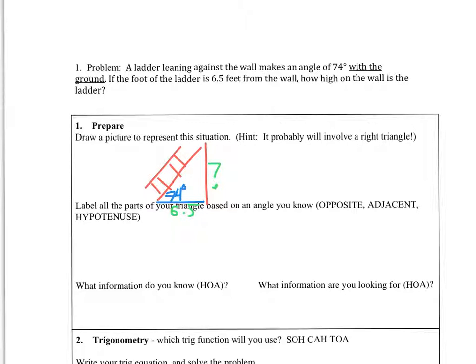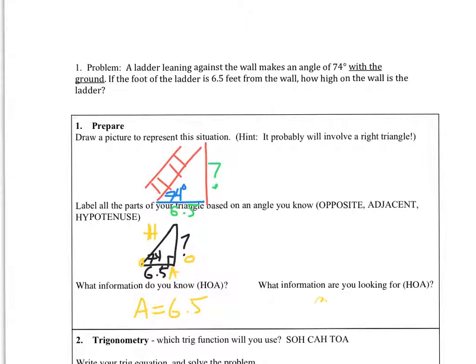All right, again, I'm going to redraw my triangle. And separate from the picture now, this is called abstracting. So 74, 6.5, here's my right angle, question mark. And I'm going to label some stuff based on that angle. I've got opposite, hypotenuse, and adjacent. Here we know A is going to be 6.5.